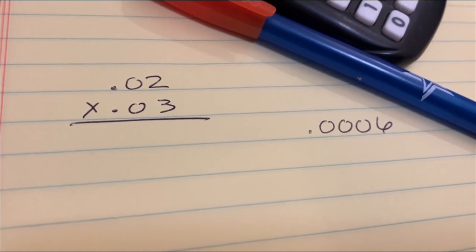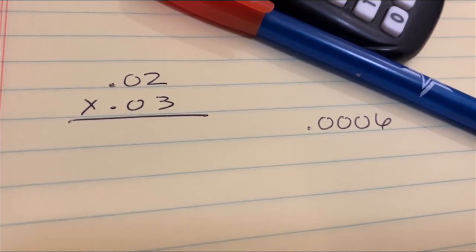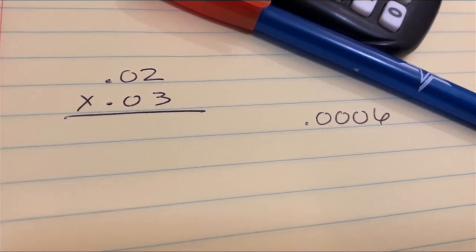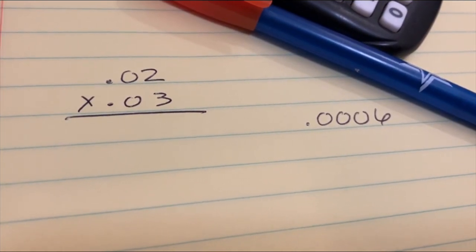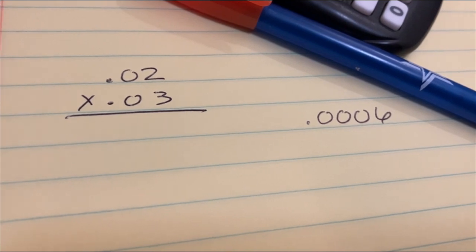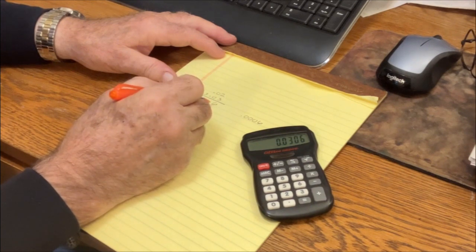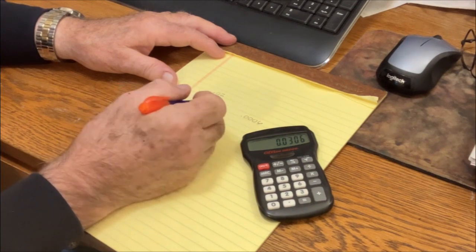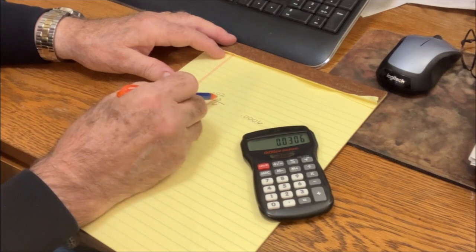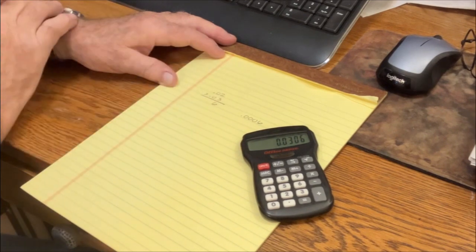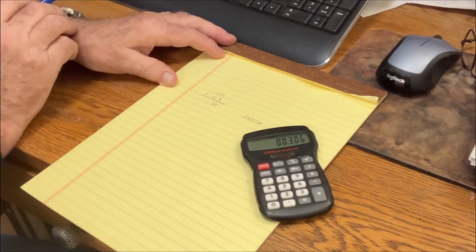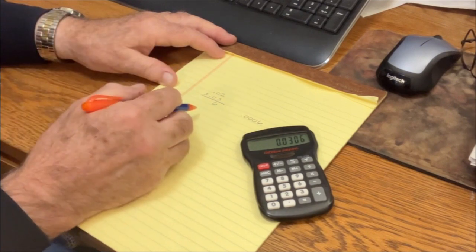The first thing I'm going to do is just multiply 3 times 2, and you already know the answer is 6, but let's just do it. Okay. I say that a lot. 2 times 3 is 6, and there are 1, 2, 3, 4 numbers behind the decimal points. So we need an answer that has 4 numbers behind the decimal point.